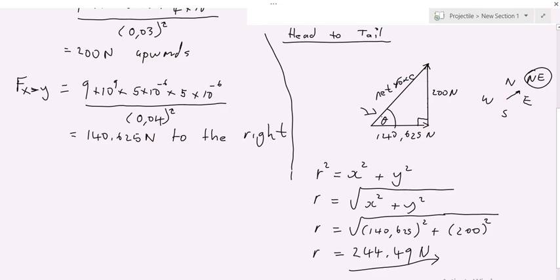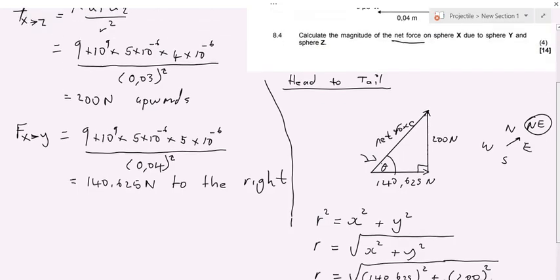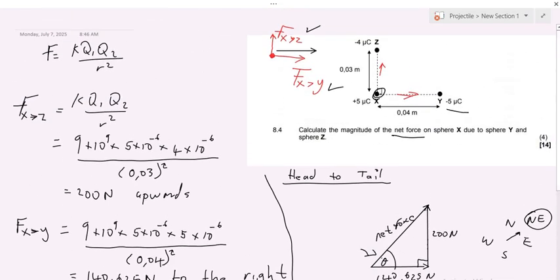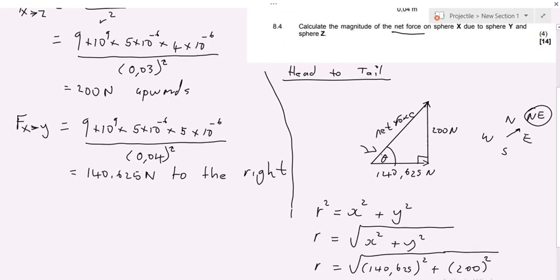So depending on how they want you to state the direction, by simply calculating this angle you can get the direction, or else you can mention it. So what I wanted you to learn from this video is how we calculate the net force when we have something like this, and how the head to tail method works.